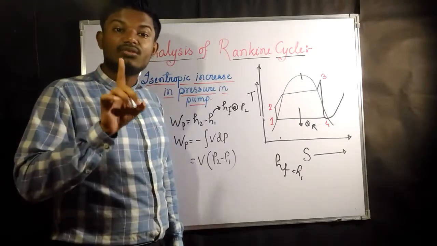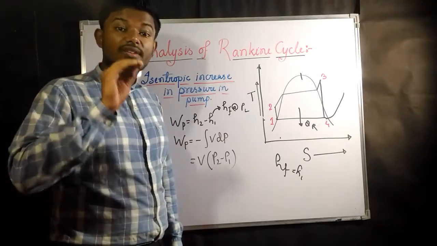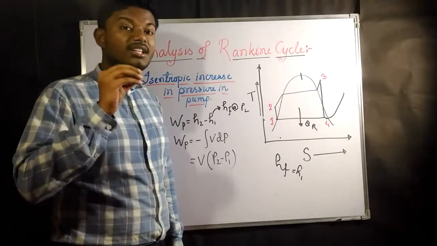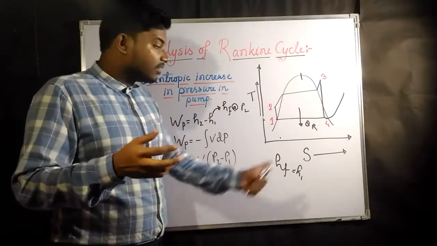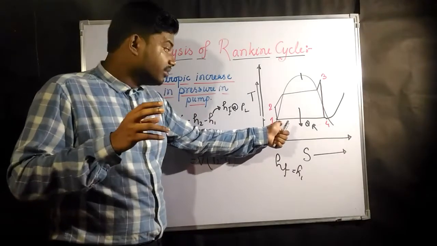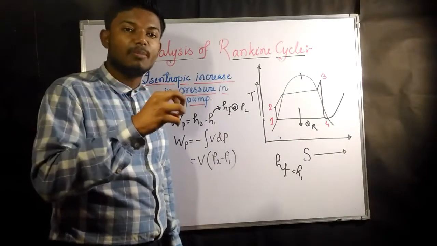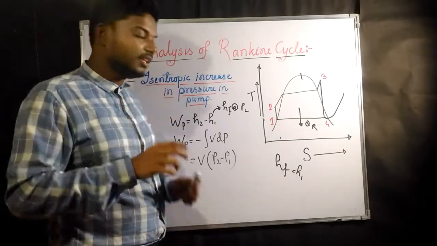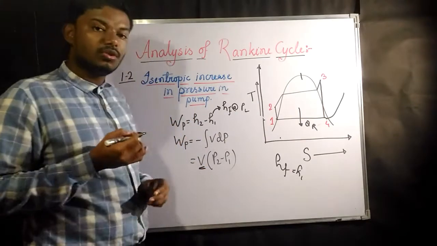Now water is incompressible, so the volume is going to be constant, only the pressure increases. Pumping this water, we are just increasing its pressure. We cannot compress it, so we are going to take volume constant.